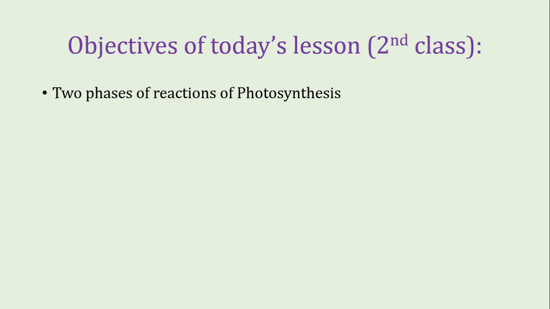But actually the photosynthesis reaction is performed after a series of more than 50 successive steps, and these more than 50 chemical reactions are categorized and grouped into 2 phases.